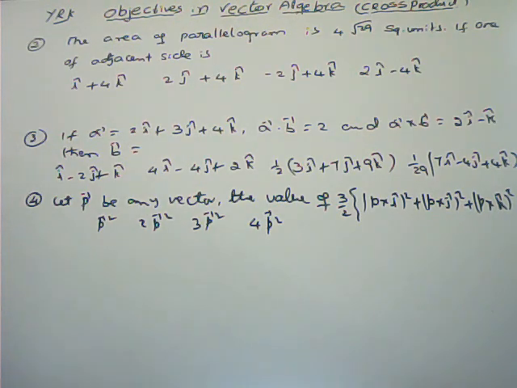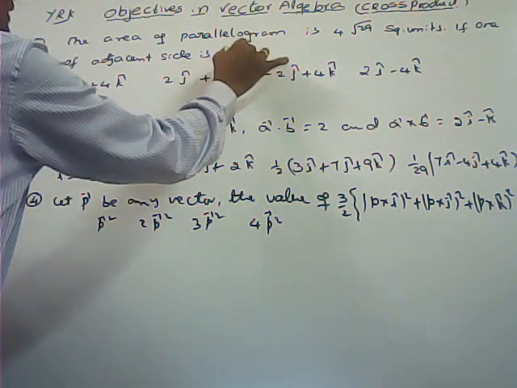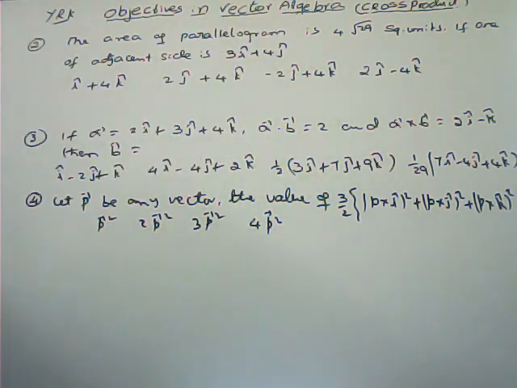Next, the second question: the area of the parallelogram is 4 root 29 square units. One of the adjacent sides is 3i cap plus 4j cap.